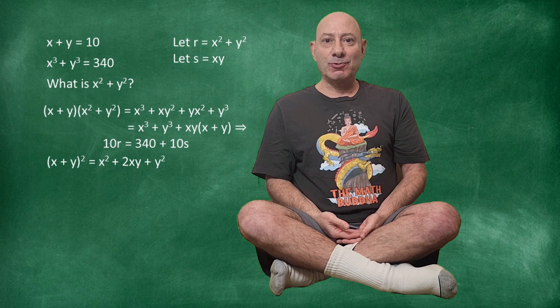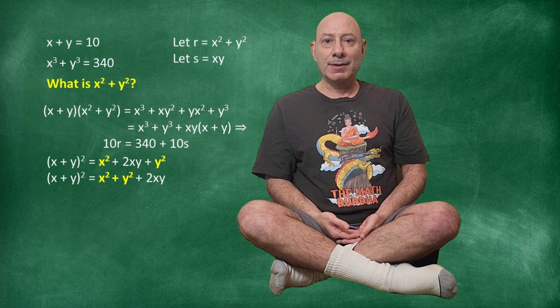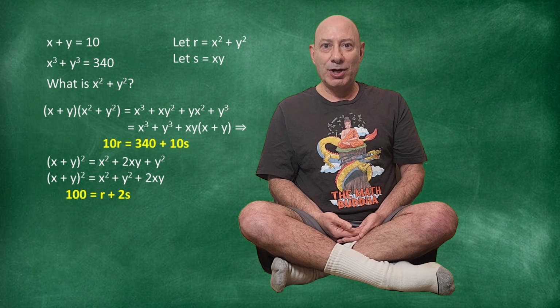And let's get our x squared and our y squared together since that's what we're trying to solve for. Next, let's simplify. We know that x plus y is 10, so when we square it, we're going to get 100. Now these two terms we're calling r and s, so let's plug that in. And now we have 100 equals r plus 2s. And that's perfect. Now we have two equations and two unknowns we should be able to solve.